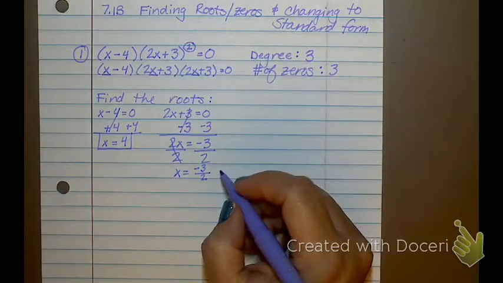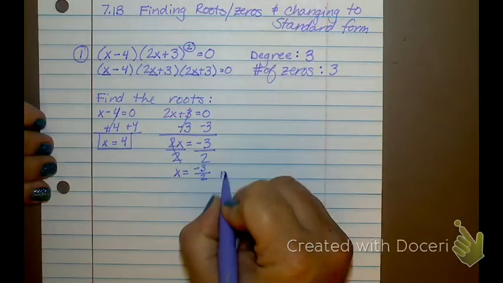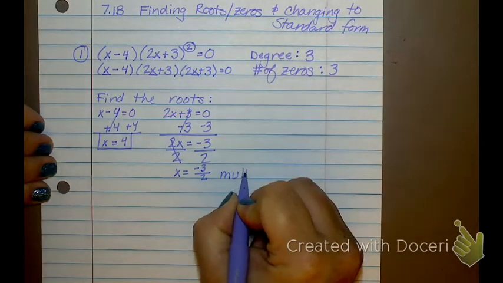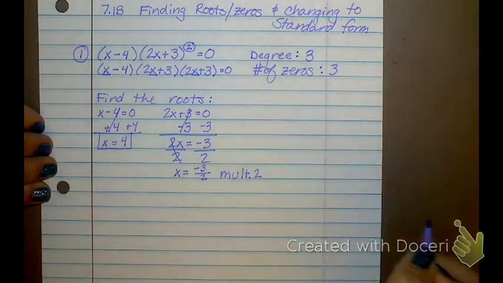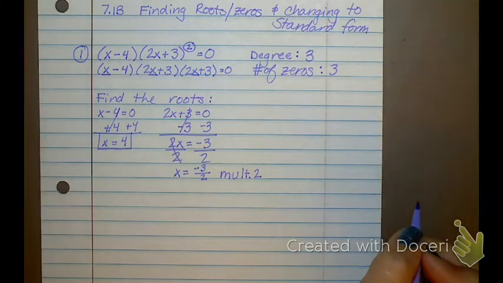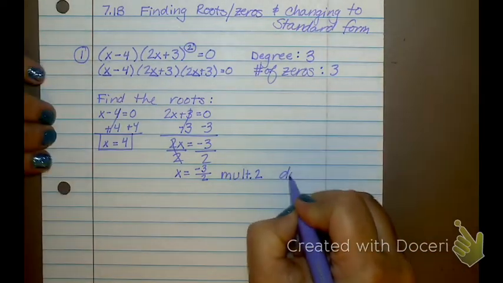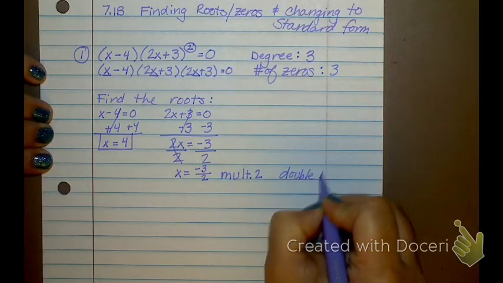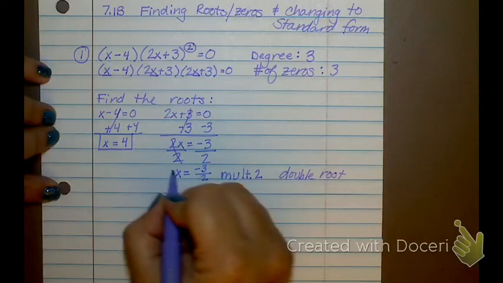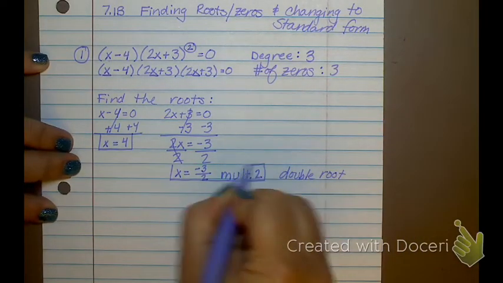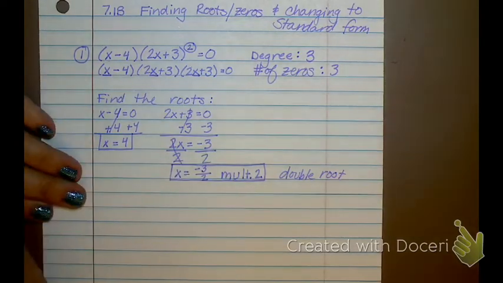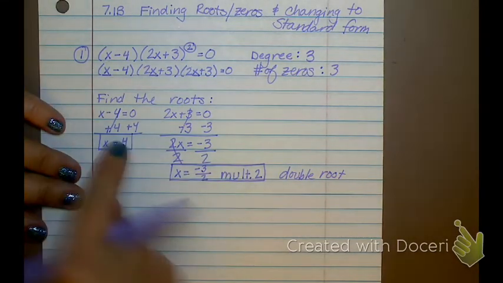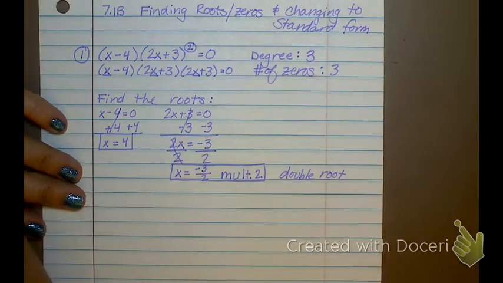I think our book tends to say this has a multiplicity of 2, meaning that it counts as 2 of the roots. Sometimes you might hear it called a double root, but you note that it has a multiplicity of 2, or that it's a double root, in order to get your 3 answers. Okay?